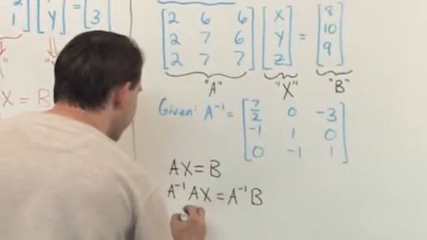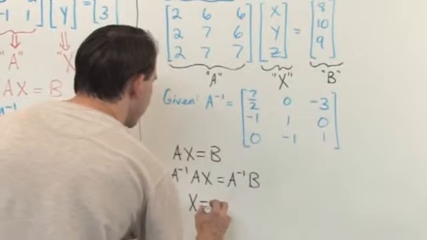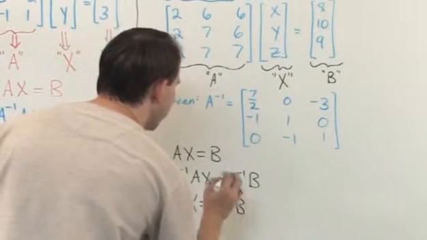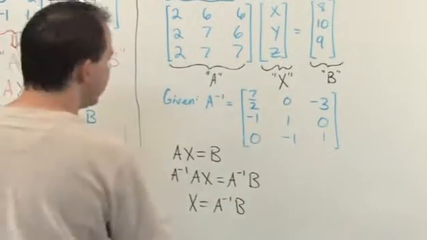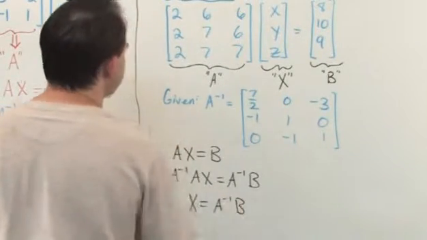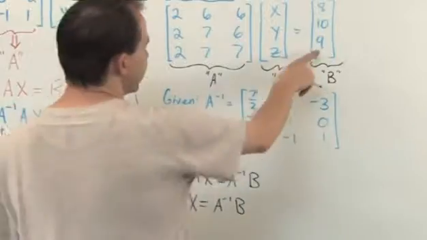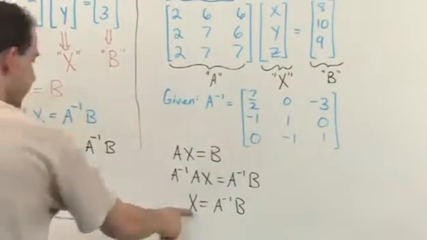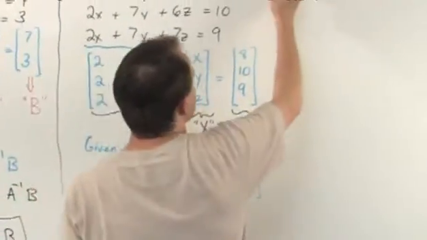It's going to cancel it for you. And you're going to have what you're trying to solve for like this. So all you have to do is take this inverse matrix that we already have and multiply it by B, which is given over here. And that's going to actually give us this. So let's go ahead and do that.